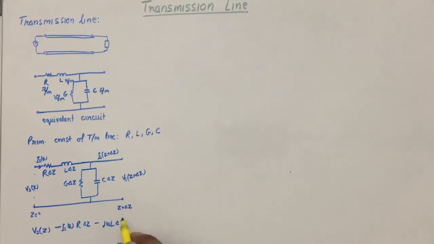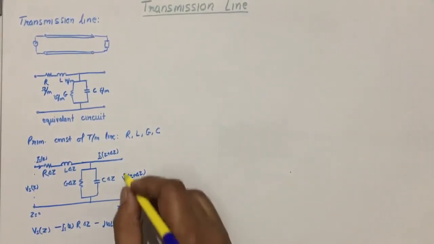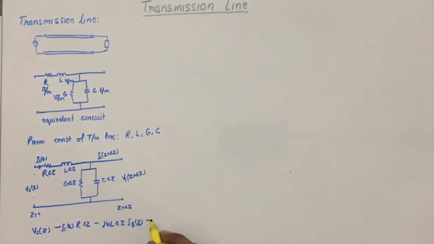The impedance multiplied with the current will give us the drop across that, and the outer one will be Vs(z plus delta z). According to the closed circuit, the sum will be 0.